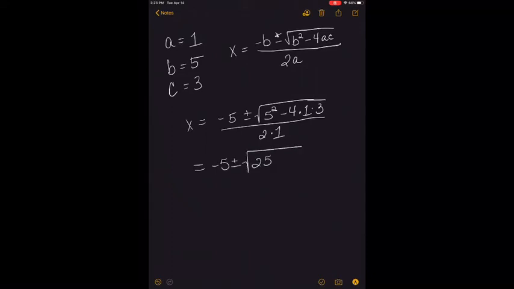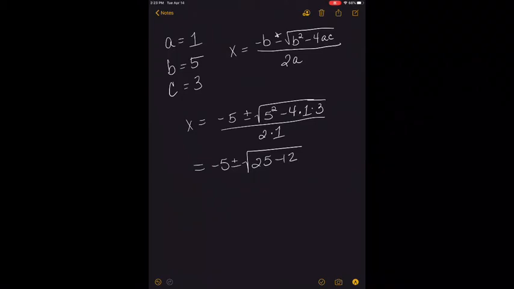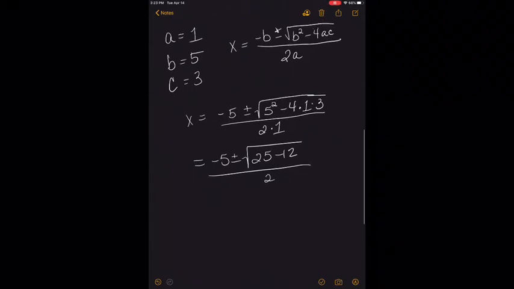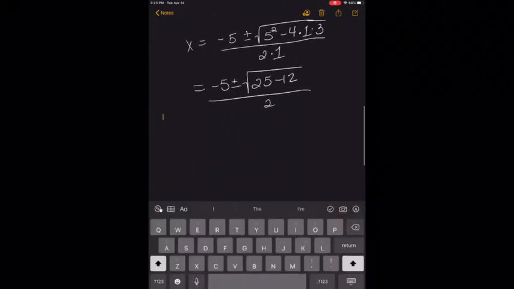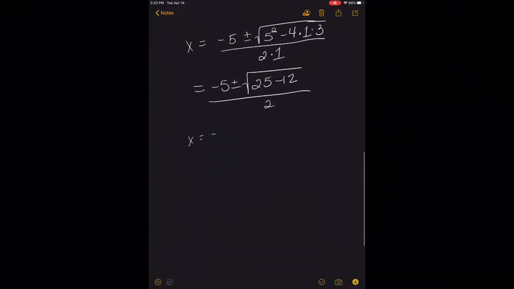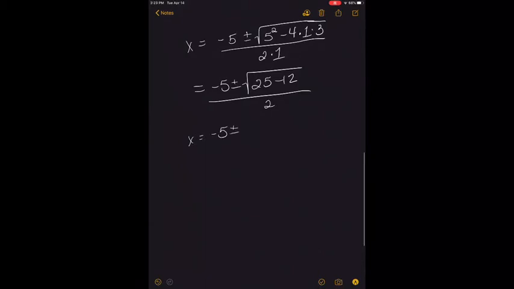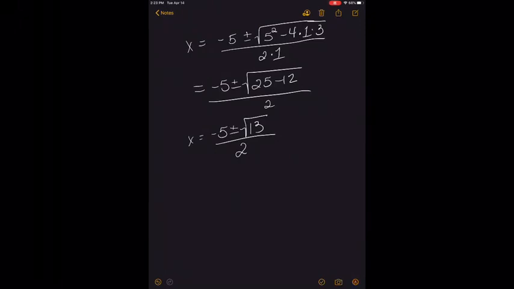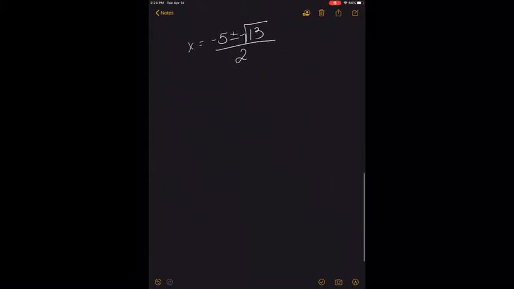And now you just plug and chug. Plus or minus the square root of 25 minus 12 over 2. So x equals negative 5 plus or minus the square root of 13 over 2. And that's as simple as we can make it. We can't simplify any further. If we could, we would.